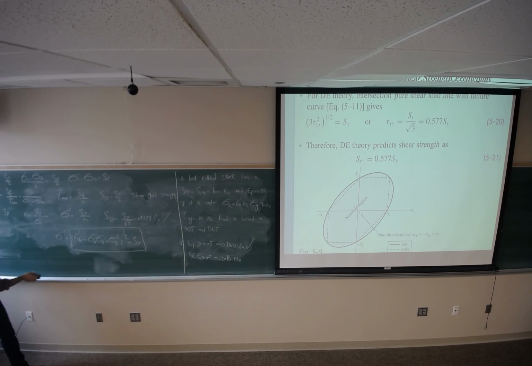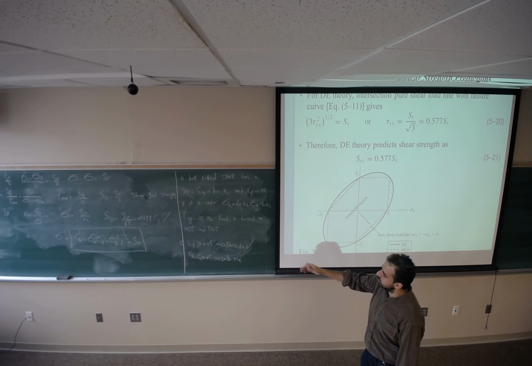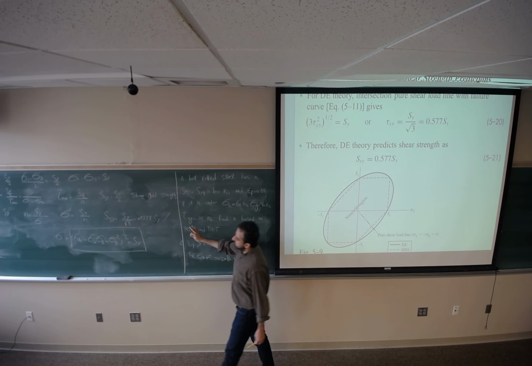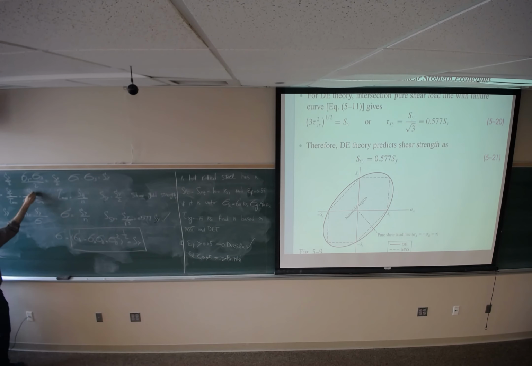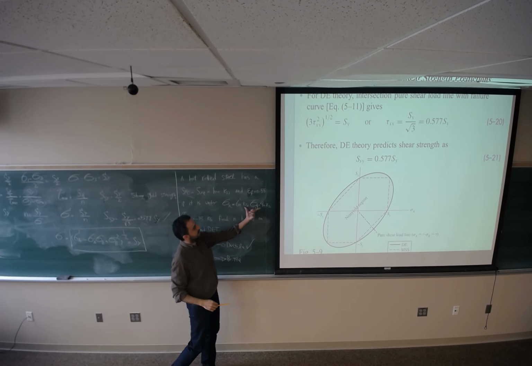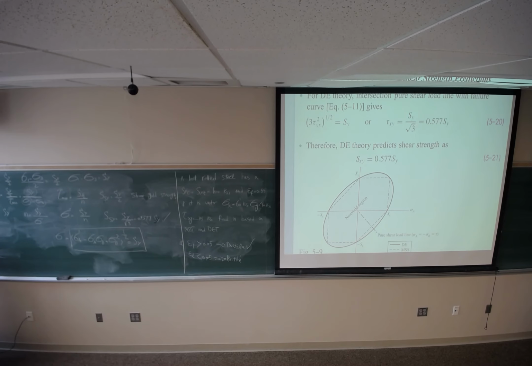So let me start with maximum shear stress theory. To apply it to find the factor of safety, I should know SY, which I know, and I should find sigma 1 and sigma 3. I'm given the stress element, and I know how to find sigma A and sigma B from stress transformation.